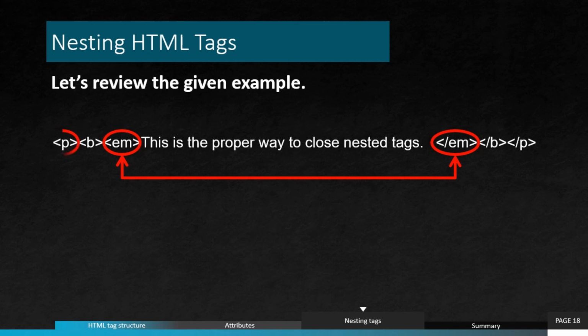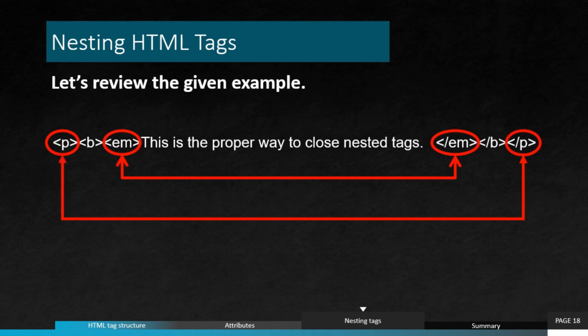Since P, or the paragraph tag, is the first one that has been opened, it is the last tag I close. So take note, when it comes to nesting tags, the first tag that has been opened, in this example P, must be the last tag to be closed. This makes it easier for our web browser to understand when displaying the output.